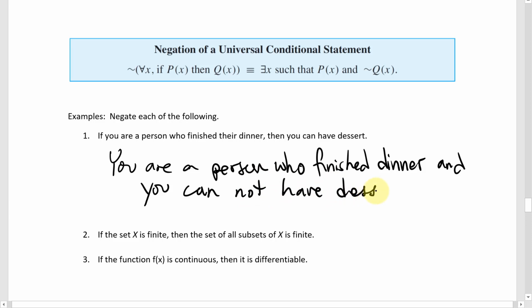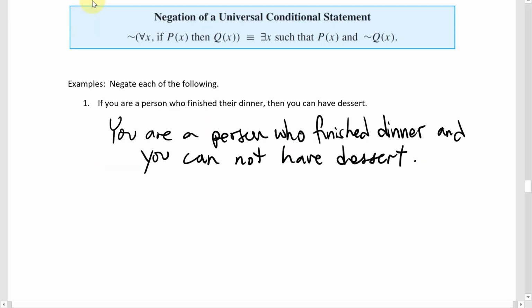That would be negating this conditional. Notice there's no "if" in the negation of the conditional. Making it a little more formal, let's say P is a set of people, maybe the set of people at the dinner table.